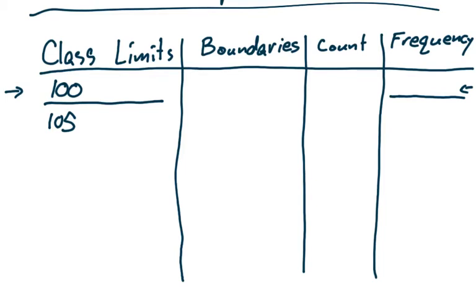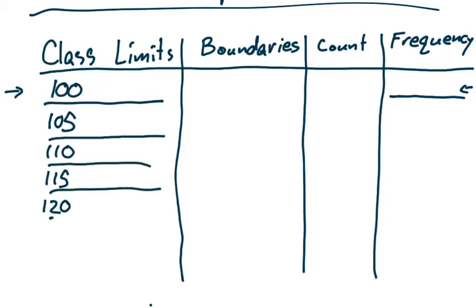And now here, since our class width is 5, which is a nice easy number, we can just go ahead and extend this, extrapolate, and continue writing in our lower limits, okay? And we should have a total of 7 values here. So we have 1, 2, 3, 4, 5.